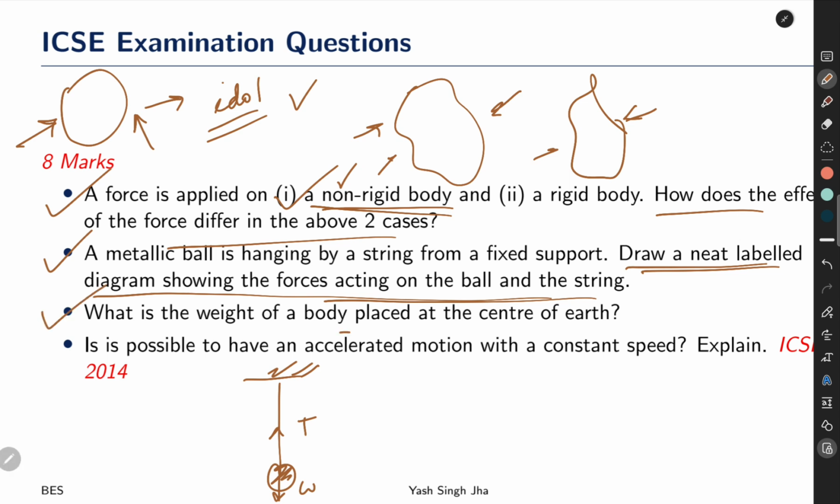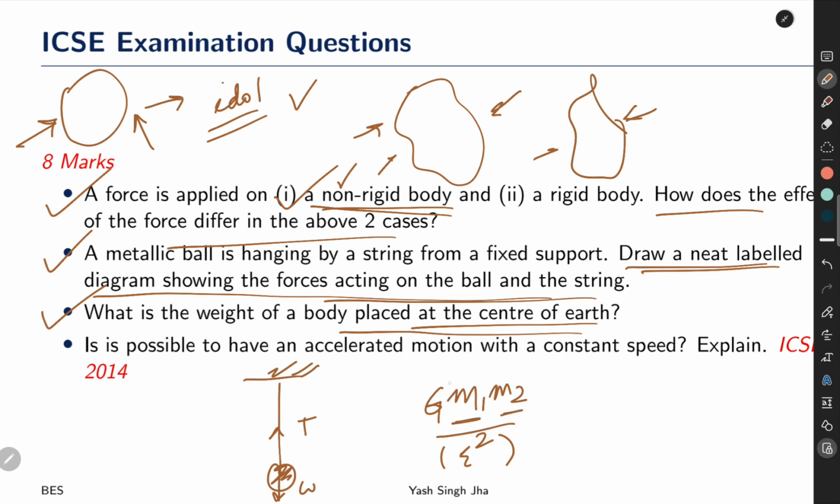What is the weight of the body placed at the center of the earth? This is a very interesting question. The formula from Newton's law of gravitation is G m1 m2 upon r square. So at the center of the earth, what is r? R is the distance between m1 and m2.